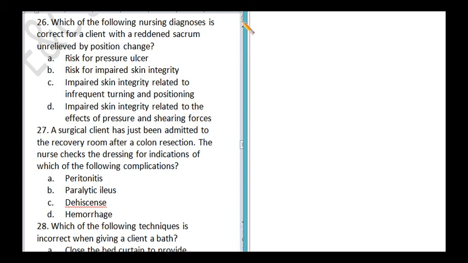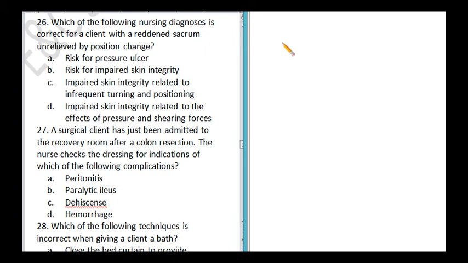So the first thing you need to do here is to determine: is the reddened sacrum an actual problem, or is it a risk factor that can develop into a potentially actual problem? Remember that it says here the reddened sacrum is unrelieved by position change.